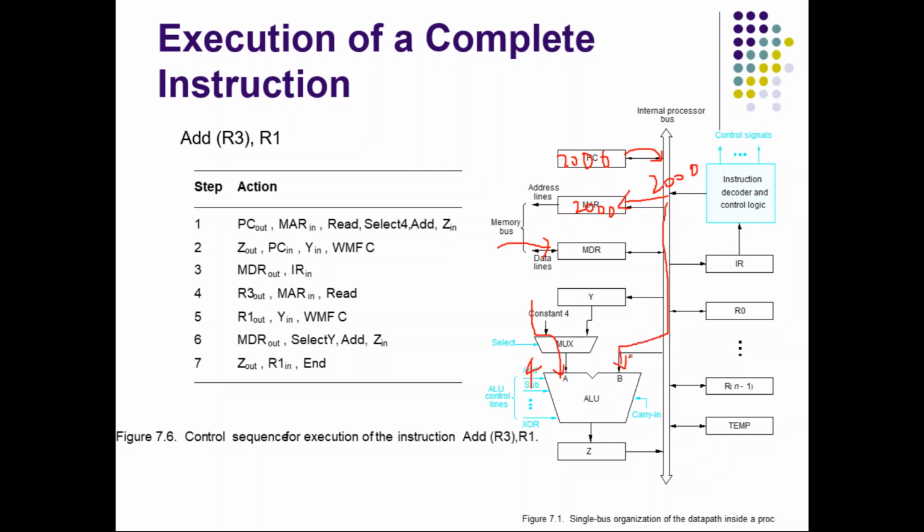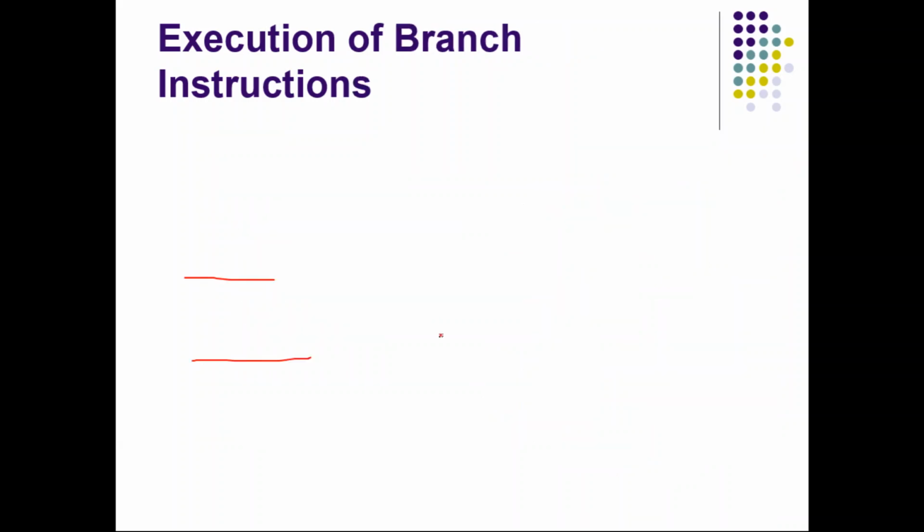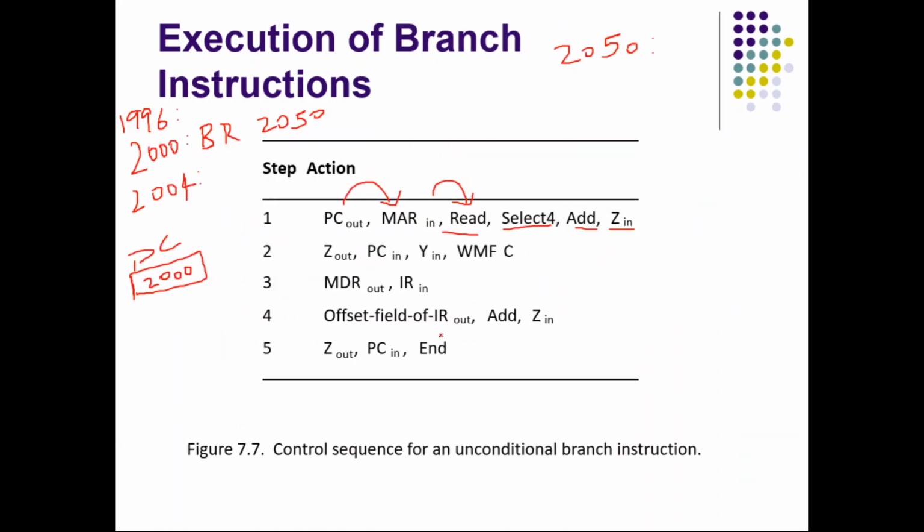So through B you have 2000. Now you are giving the add instruction, so the adder is enabled, 2000 plus 4 is 2004, and that will go into Z. 2004 is the address of the next instruction. But the current instruction is a branch instruction, so let us see how it changes to the actual branch.